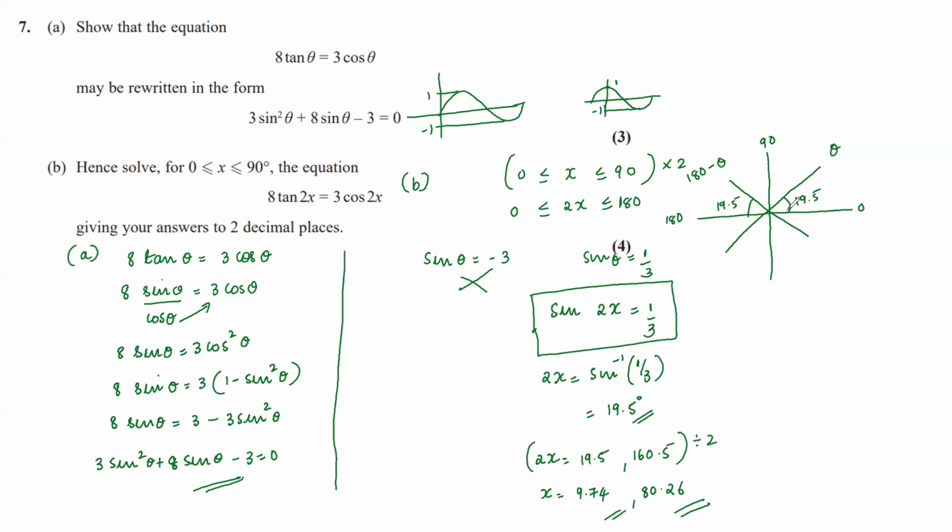From the CAST diagram, sine is positive in the first and the second quadrant, and the range here is between 0 and 180 degrees. In the first quadrant the angle representation is theta, and in the second quadrant it is 180 minus theta. So 19.5 and 180 minus 19.5 give the answers, but that's for 2x. We need x, so divide the whole thing by 2. You will get 9.74 and 80.26, correct to 2 decimal places.